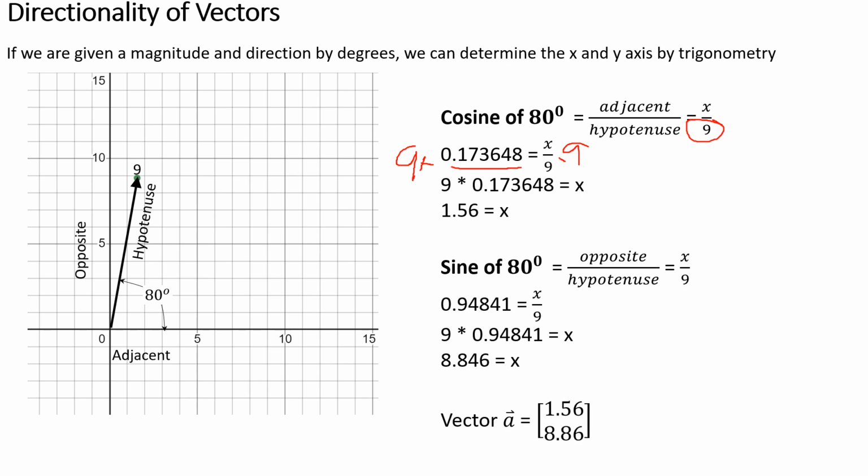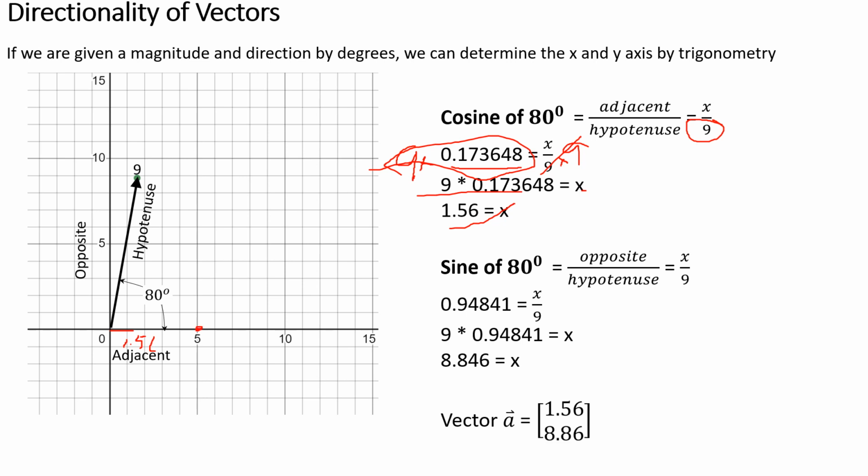That cancels out, and 9 times 0.173648 equals x. I get 1.56. So my x component is 1.56. That looks about right, actually, because here is 5 along the x-axis.